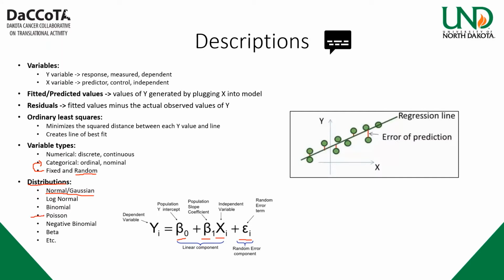Like a Poisson regression uses the Poisson distribution. Binomial is often used in conjunction with logistic regression, etc. So there's a whole range of techniques beyond basic linear regression that really help fit a wide variety of data.